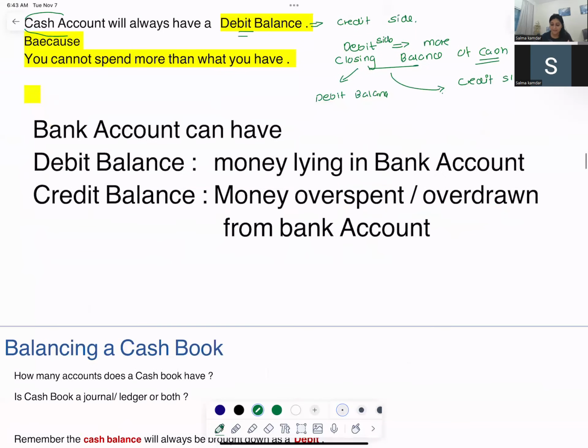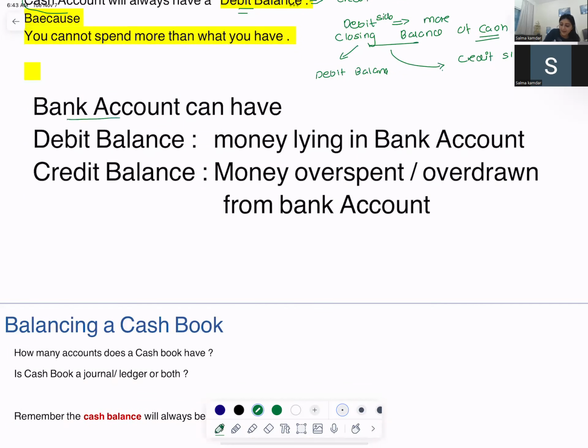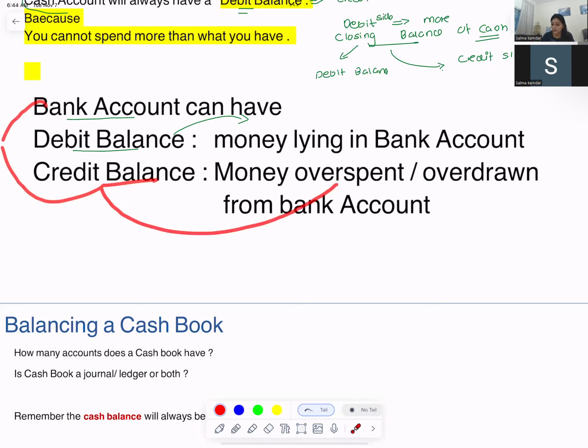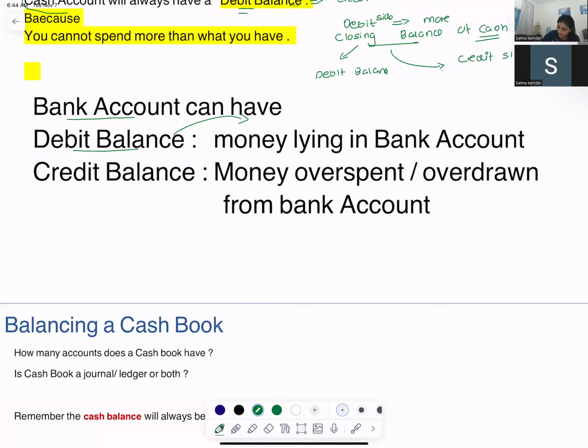Let's talk about the bank account. Bank account can have a debit balance, which means that the money is lying in the bank. Or bank account can have a credit balance. A credit balance in the bank account means you have overspent money or you have overdrawn the money from your bank. Bank account has a debit balance means the debit side is more.